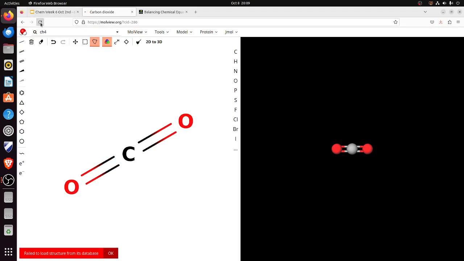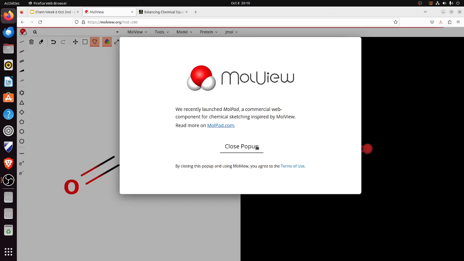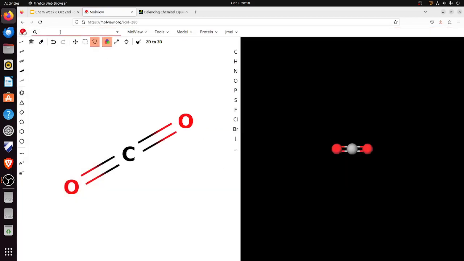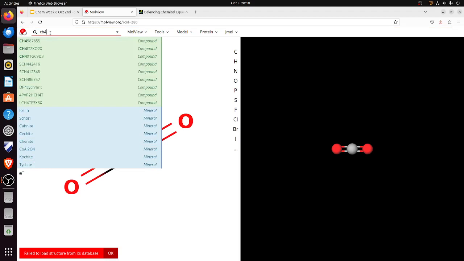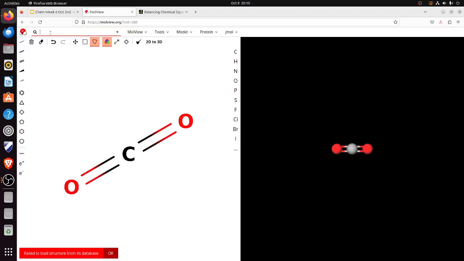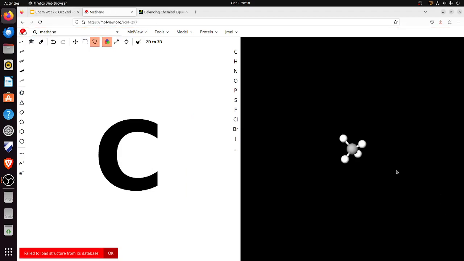I might need to refresh here. So let's go CH4. There's a problem there. Let's see what the drop-down box gives us. Let's type in methane. There we go. There's methane.